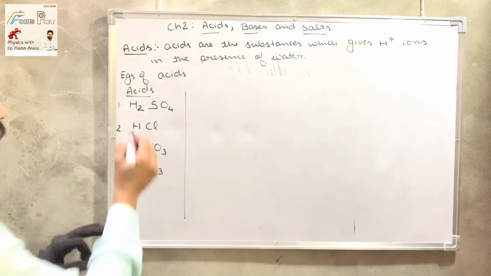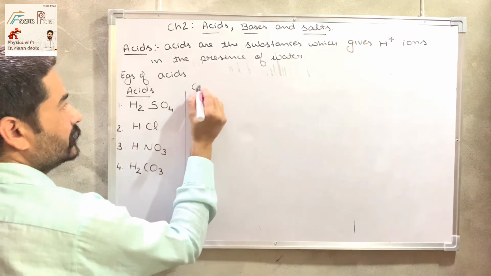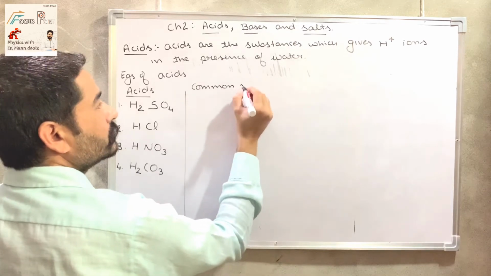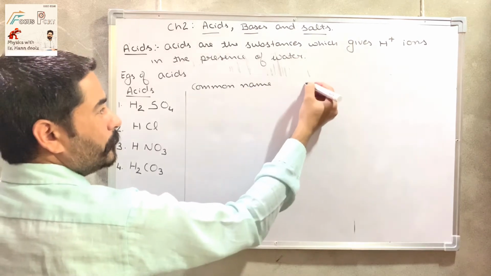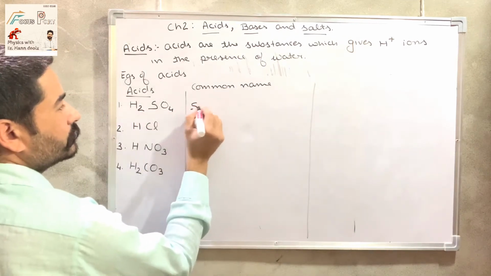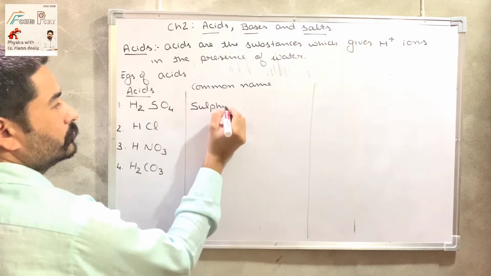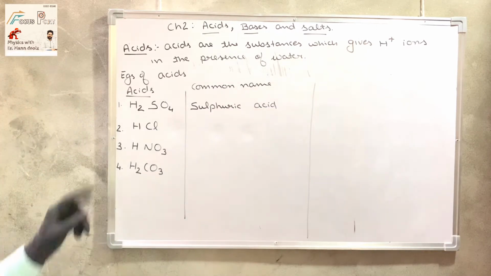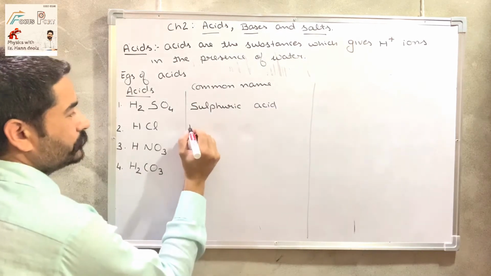So what will be the common names of these acids which you usually take? So this is sulfuric acid. And HCl is hydrochloric acid.